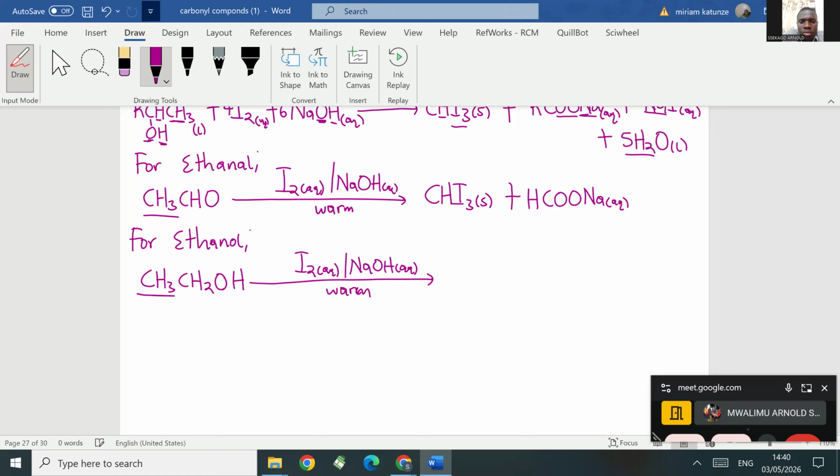So iodine picks the other methyl component, so you get this. Then plus, we are left with the 1 carbon. The 1 carbon is oxidized to sodium methanoate. Yeah, like that. So the yellow precipitate is that of triiodomethane. Allow me to stop here and end this session.